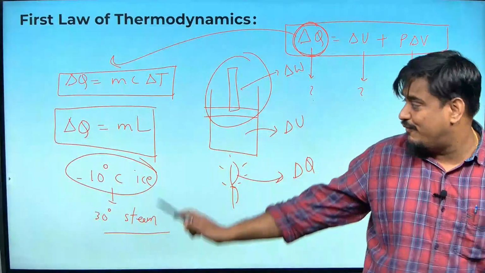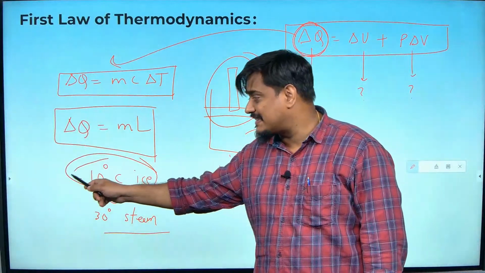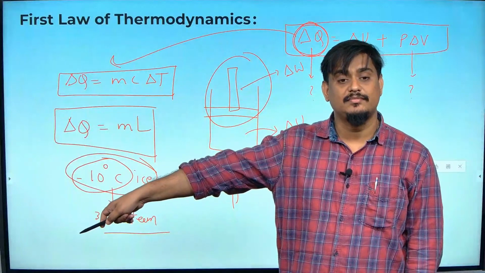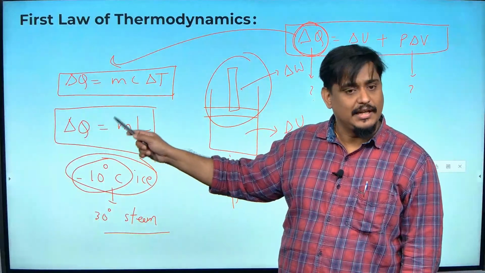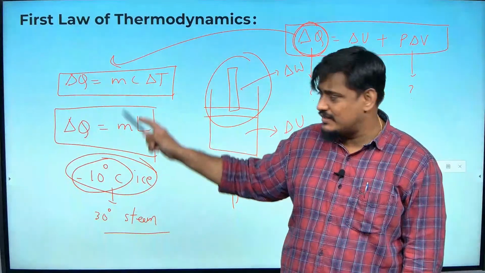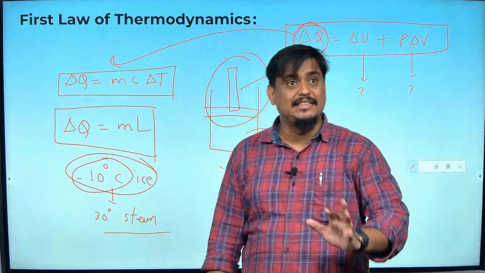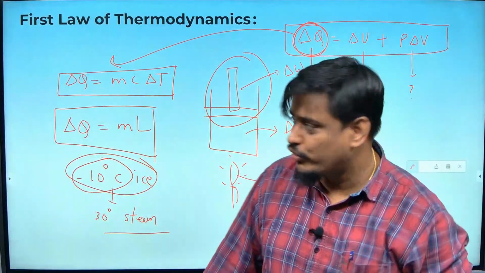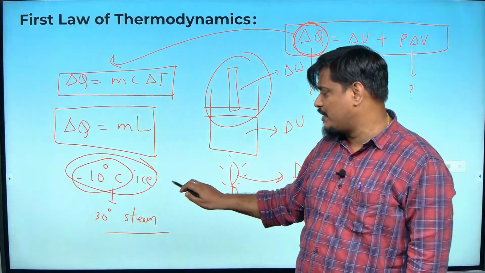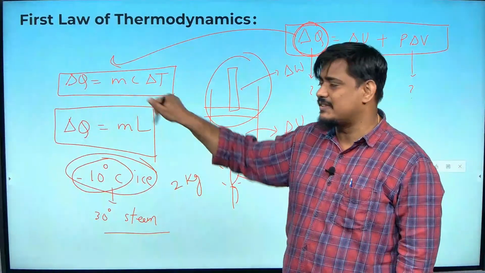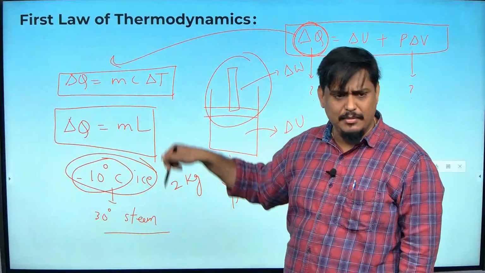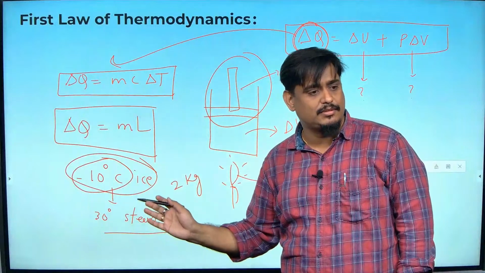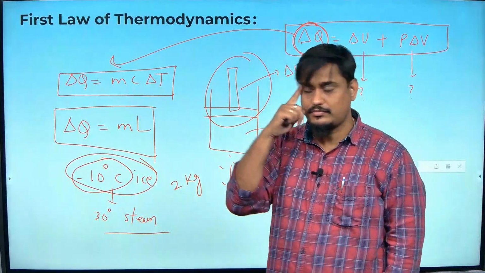When the ice from minus 10 degree is reaching 0 degree, which formula out of these two are you going to use? mc delta T, isn't it? Because ice remains ice, just the temperature is changing from minus 10 to 0. You will put the value of m as however much ice, suppose 2 kg of ice is given. The value of c will be given in the question, and delta T will become 10 degree, because it is from minus 10 to 0.